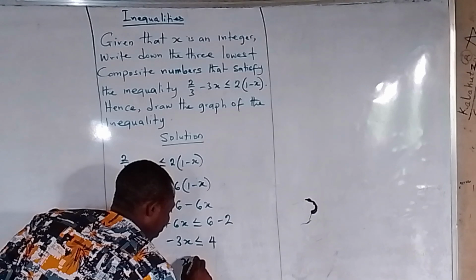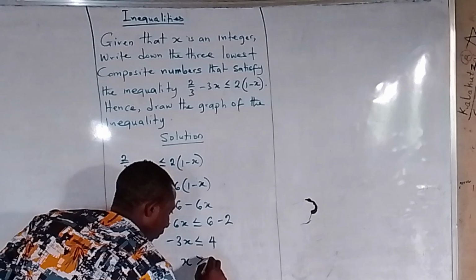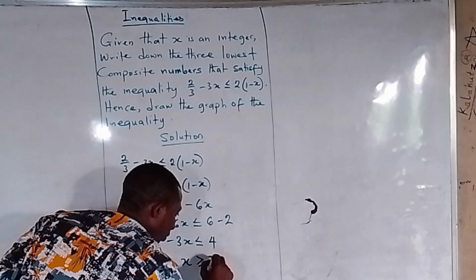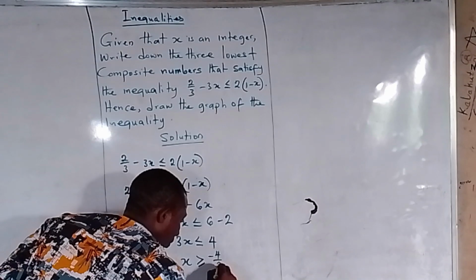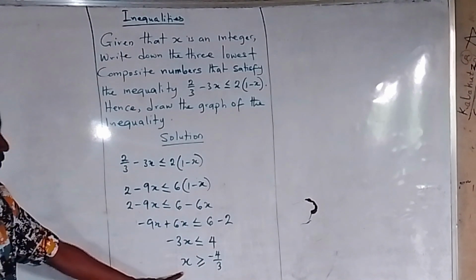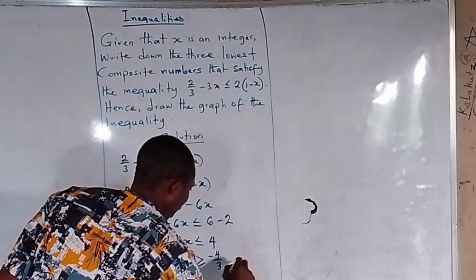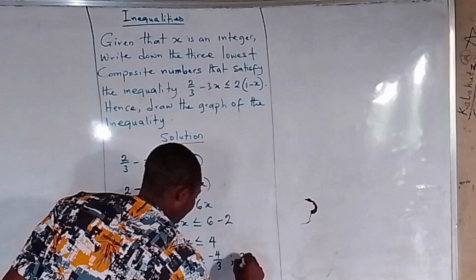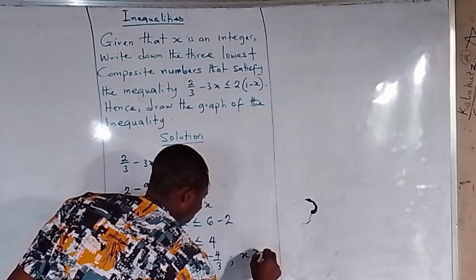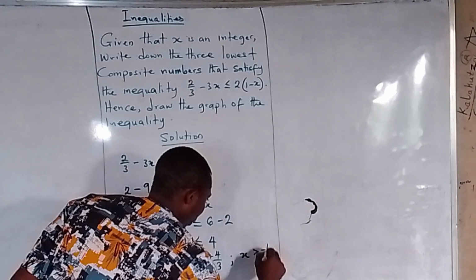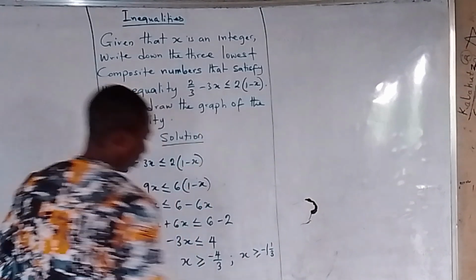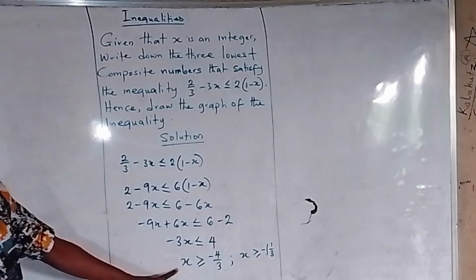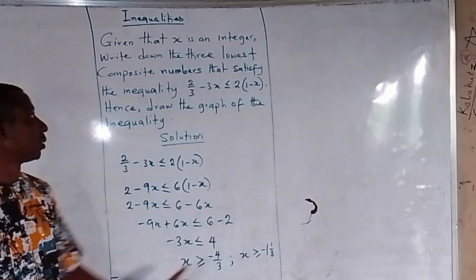So we have x greater than or equal to minus 4 over 3. And I can write that as x is greater than or equal to minus 1 and 1 over 3. Okay, so this is the inequality.